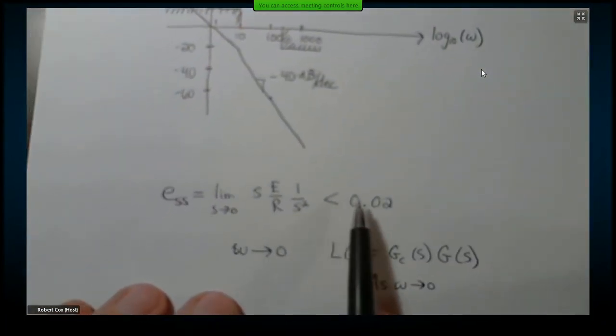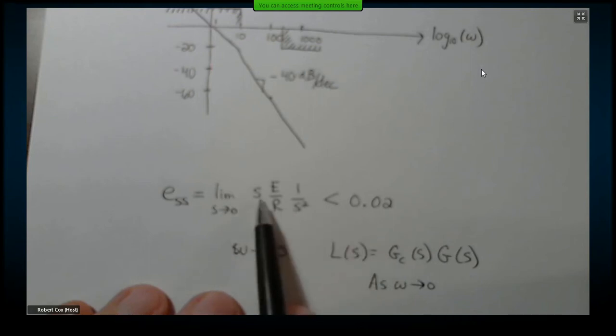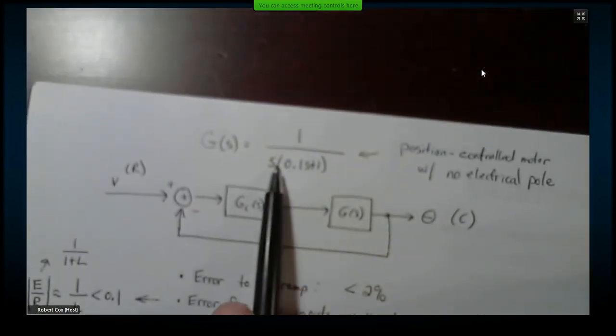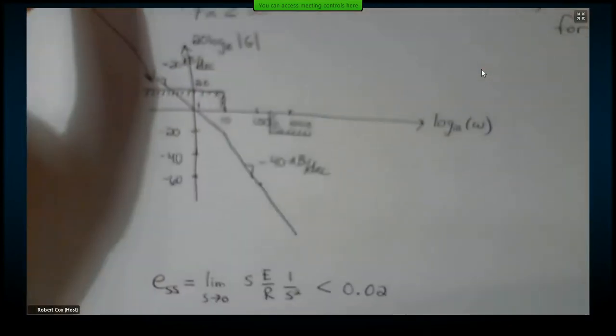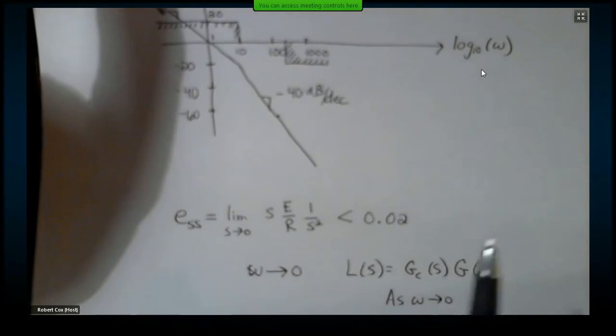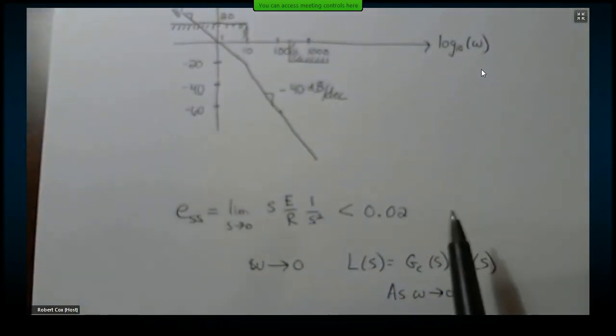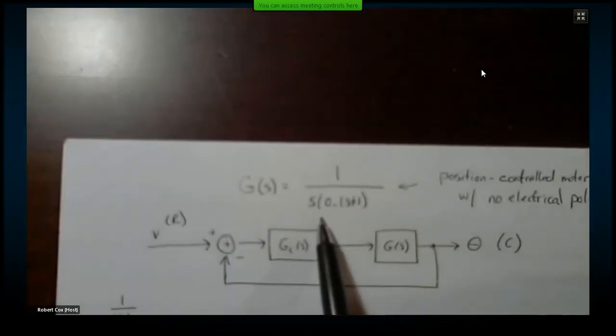I know that if the error is going to be anything other than 0, clearly my L of s cannot have another integrator. It already has one. If it had 2 integrators, this steady state error would be 0. Let's not try to be that aggressive. So let's stick with that one pole at the origin.